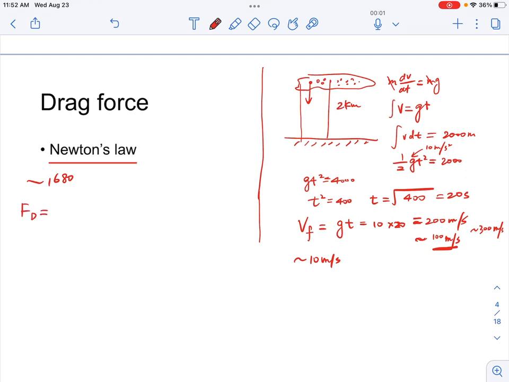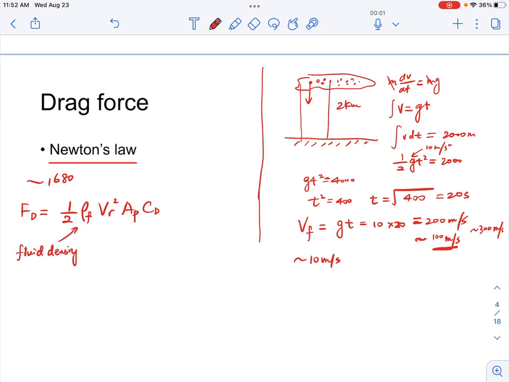So in his equation, the drag force is described as 1/2 rho_f V_R squared A_P and C_D. Let's look at the terms one by one. Rho_f here is the fluid density.